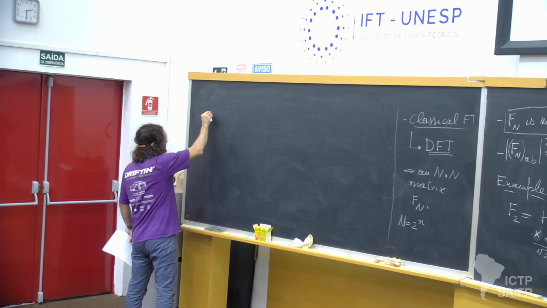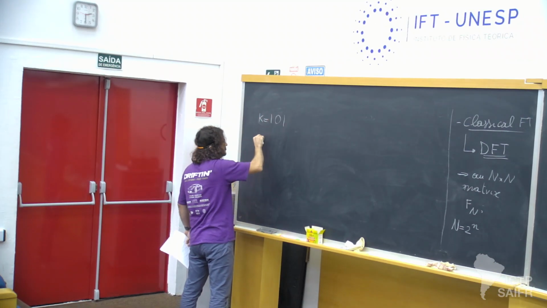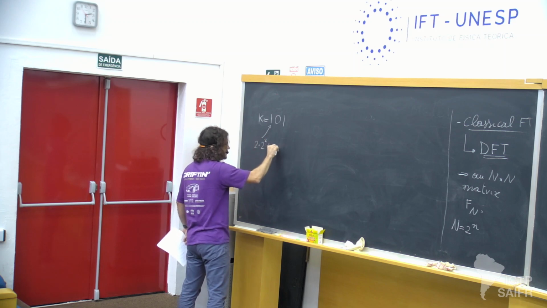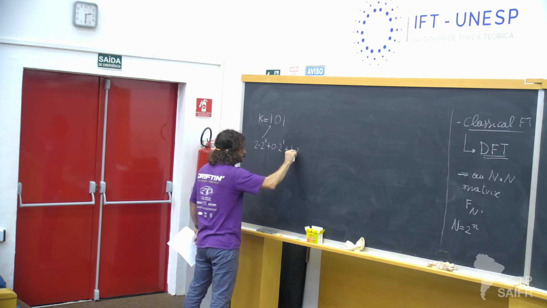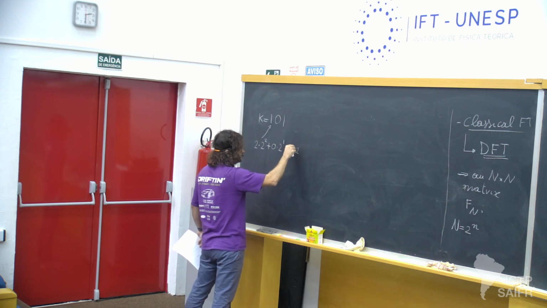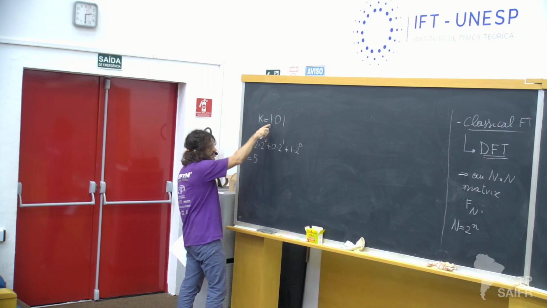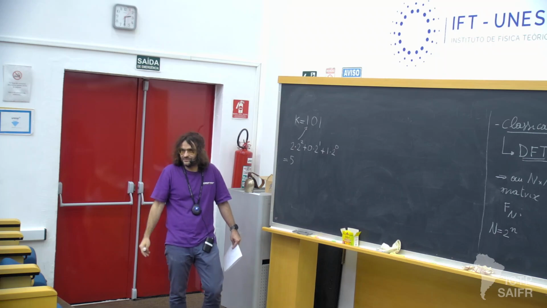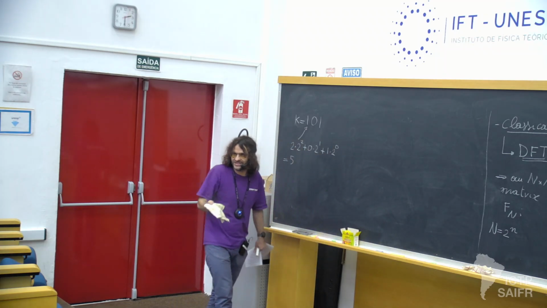Suppose that k is equal to 1, 0, 1. This becomes 1 times 2 to the 2 plus 0 times 2 to the 1 plus 1 times 2 to the 0. So this becomes 5. And this is the most significant in the sense that it's the largest. I'm saying significant in the sense of significant digits.